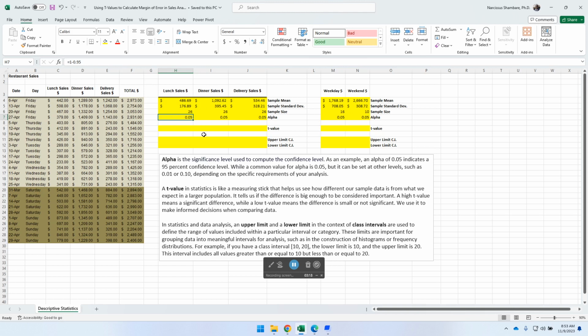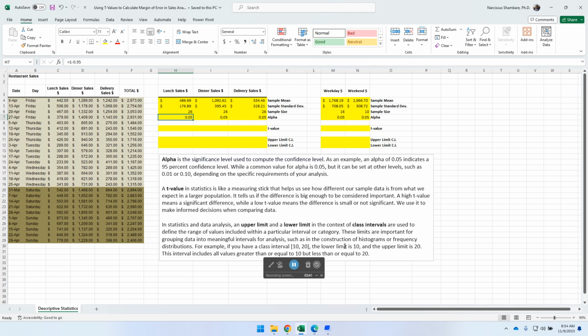Now, what about the t-value? The t-value in statistics is like a measuring stick that helps us to see how different our sample data is from what we expect in a larger population. It tells us if the difference is big enough to be considered important.